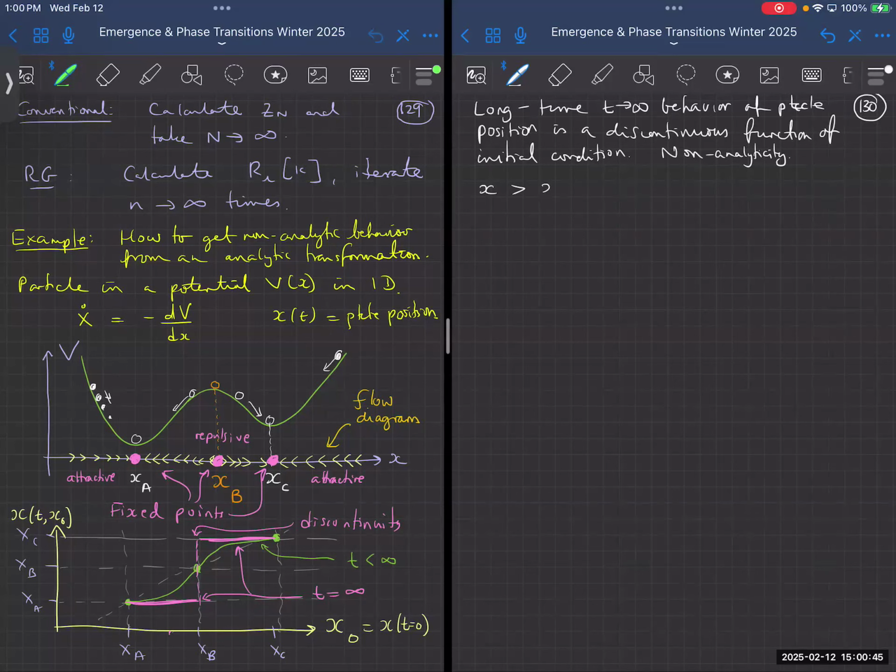So if x is greater than xb, then that region is the so-called basin of attraction of the fixed point xc. So what that means is anything to the right of xb will flow into xc.